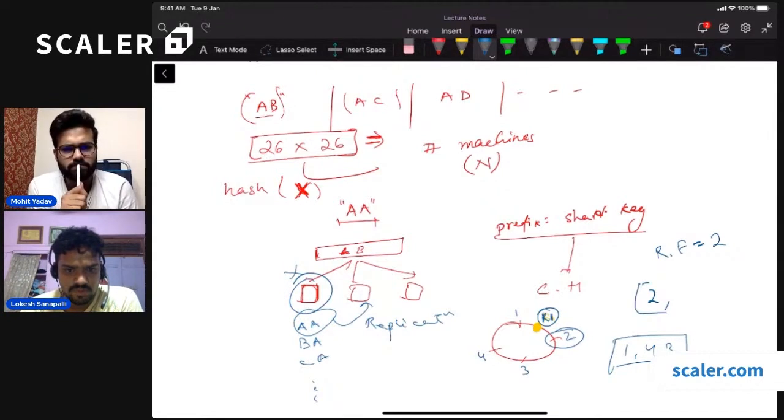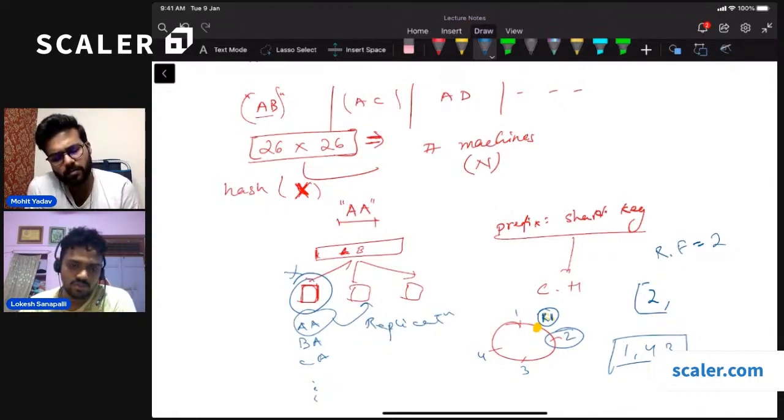If we assign to 3, the problem would be that since we are going clockwise, if 2 went down, we would again have to store the replica of 2 in some other machine.